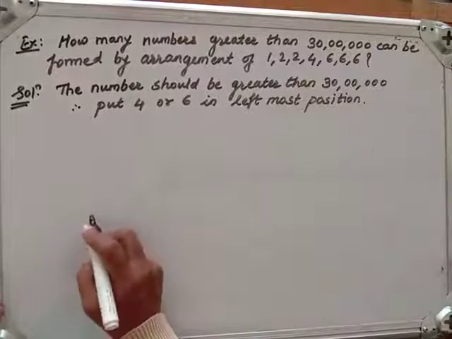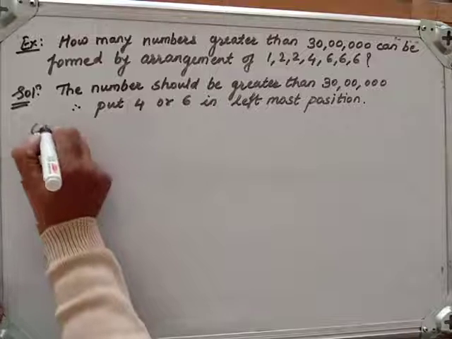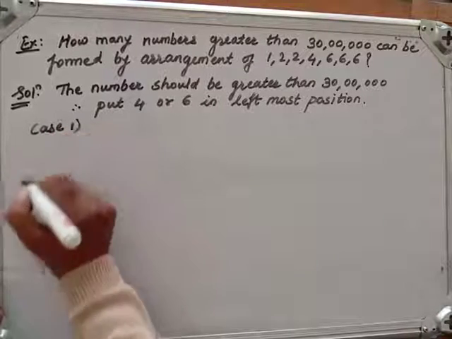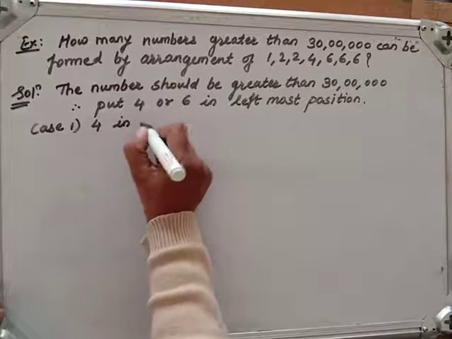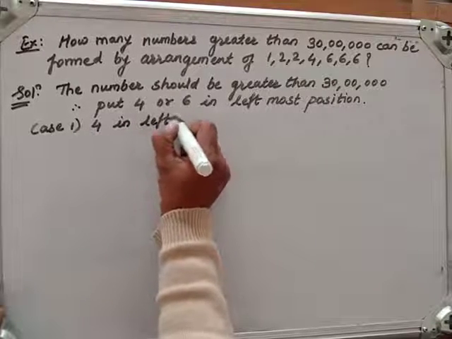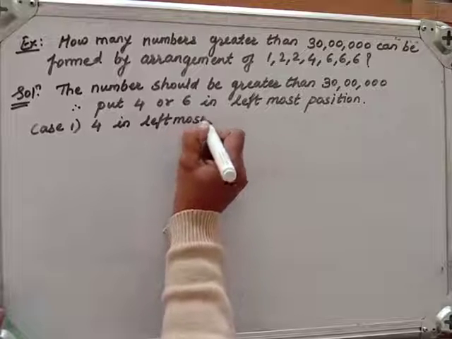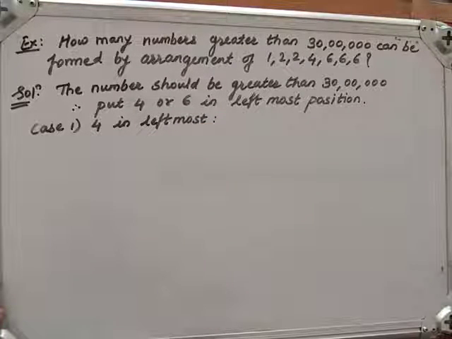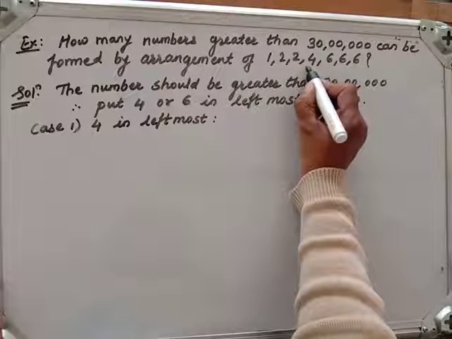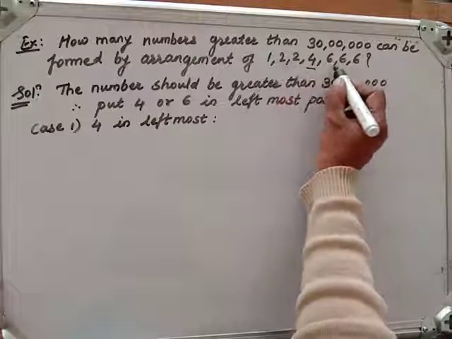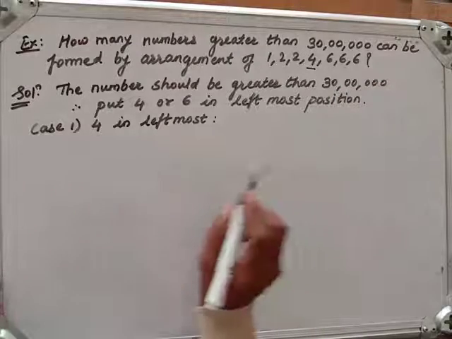Okay, so do the cases. Case 1, 4 in leftmost. So if 4 in the leftmost, then remaining digits are what? Except this. So remaining are 1 2 2 6 6 6.